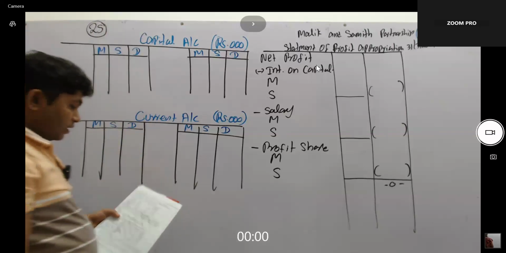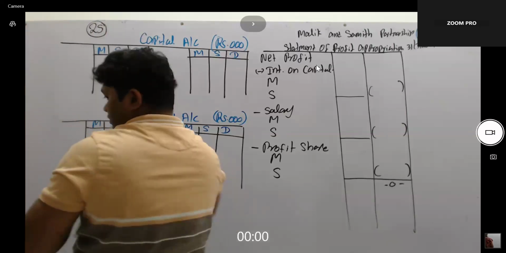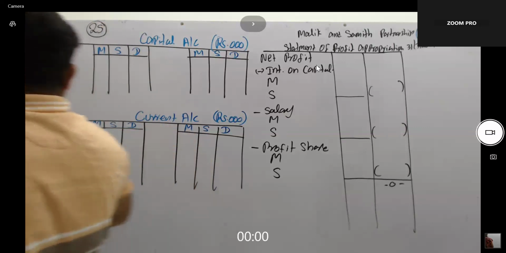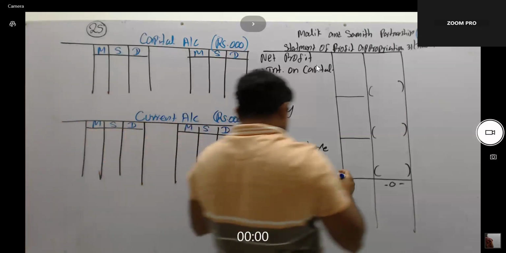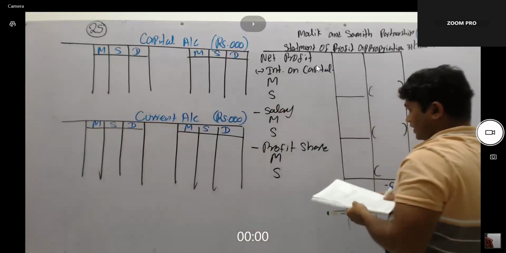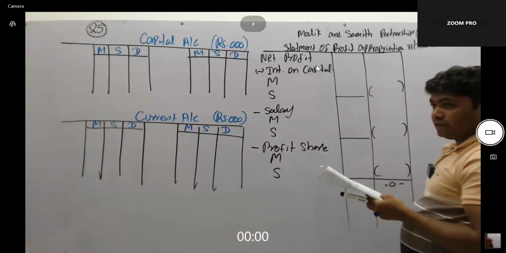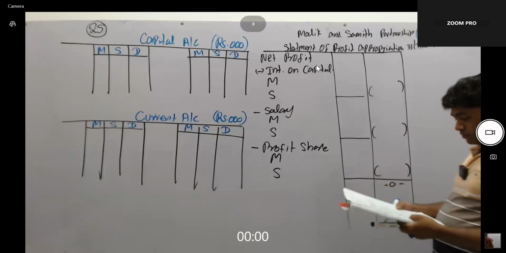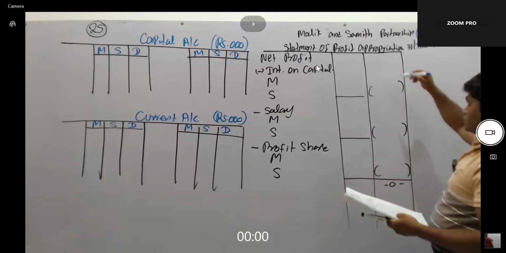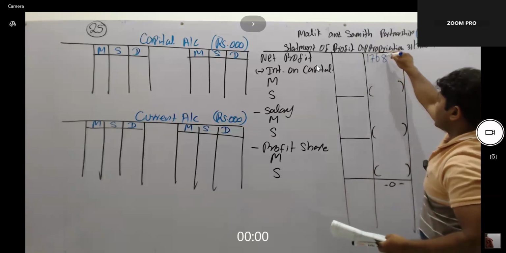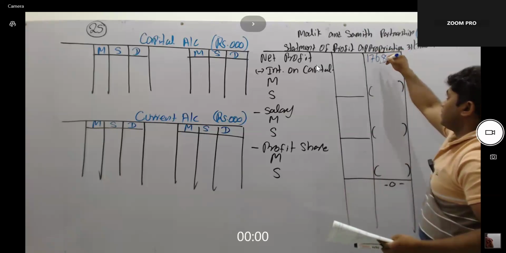Net profit is given in the trial balance. See the example. Trial balance, 176,800. Those are available in the trial balance.